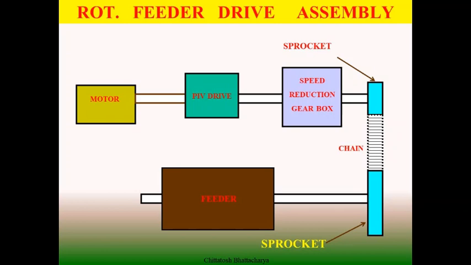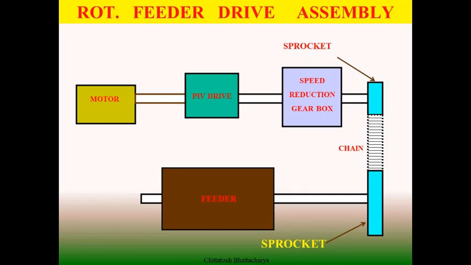In a rotary volumetric feeder, where speed control is not done by thyristor control or dyno drive, we have a different arrangement where a PIV drive is used. In this kind of arrangement, the feeder is attached to a chain sprocket arrangement.